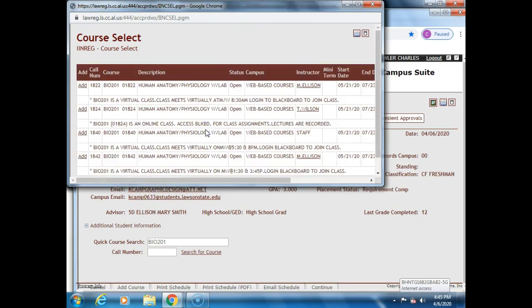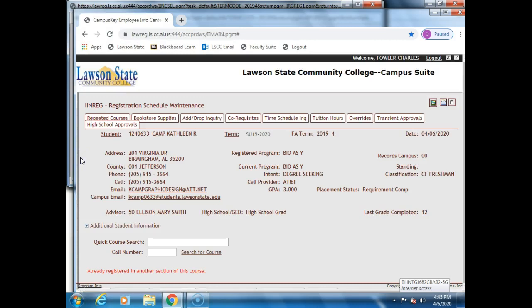And there are the 4 sections that are offered, and you wanted the 1:30 to 3:45. Monday, Wednesday, 1:30 to 3:45. And I went to add the course. Okay, you're already in it, so it doesn't show anywhere that you are. So I think you must be there.